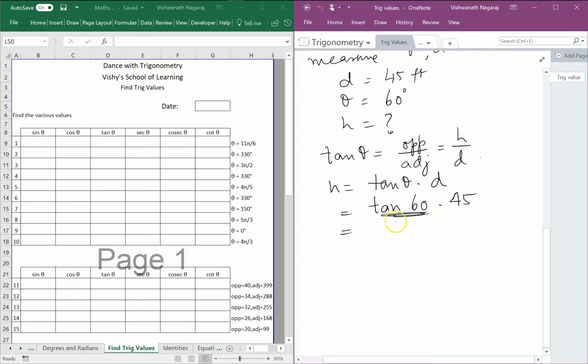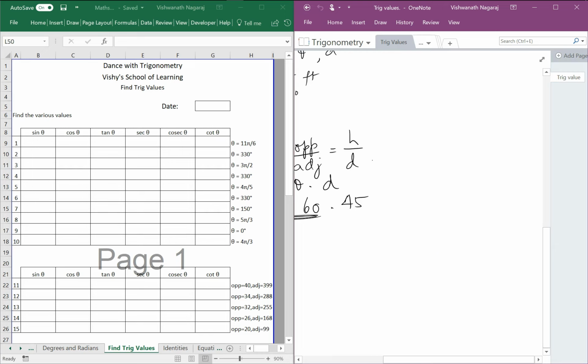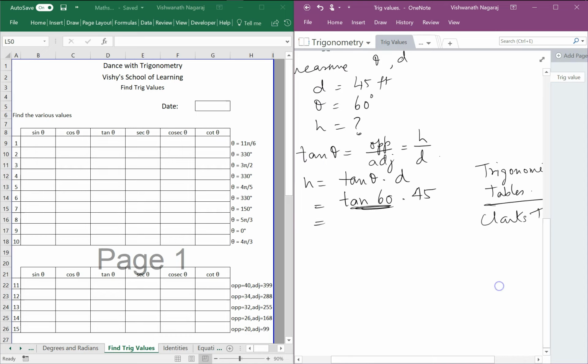Now if you are given a non-standard angle, in that case you will have to look up the value in a table called trigonometric tables, right? This will be part of a small booklet called Clark's table, which will contain a lot of different types of tables.